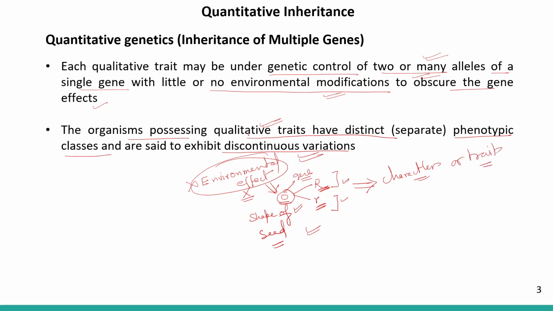So organisms possessing qualitative traits have distinct, separate phenotypic classes and are said to exhibit discontinuous variation.